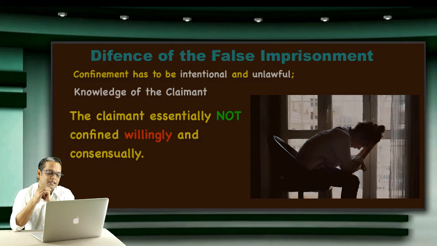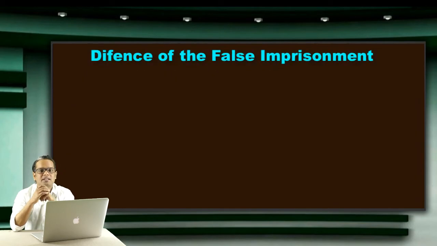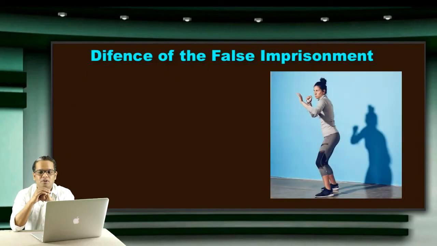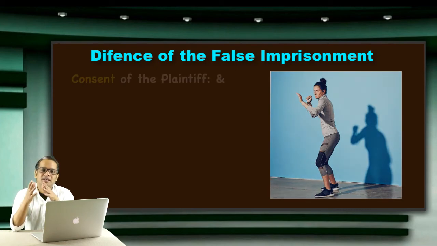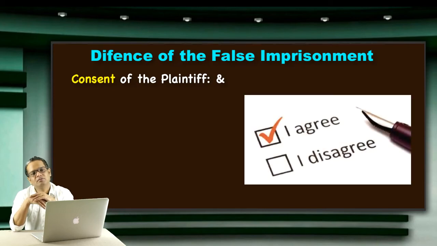Now the next topic, the defenses to false imprisonment. Say you have confined or imprisoned someone, so what defense could you have? The first one is, of course, that the claimant has given you permission or his or her consent to confine. If consent was there, then you are not responsible.